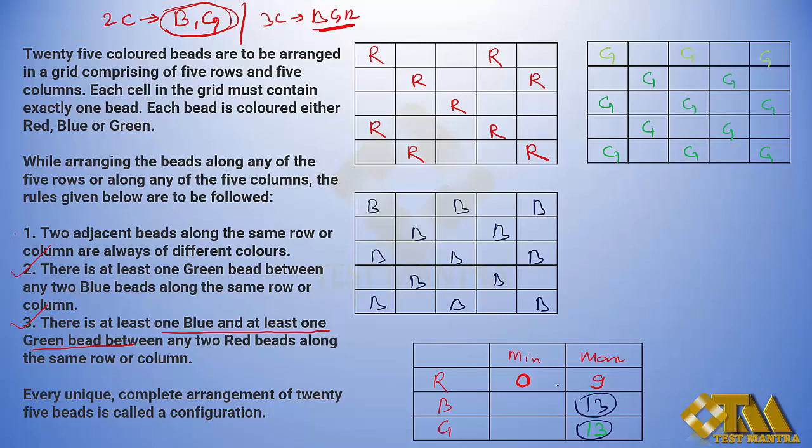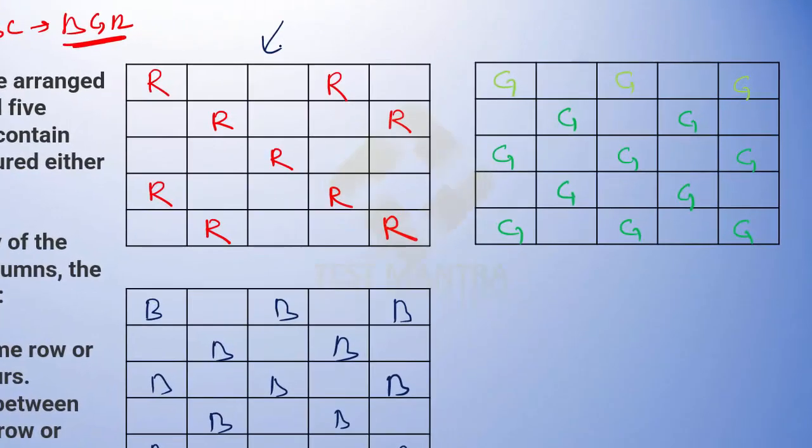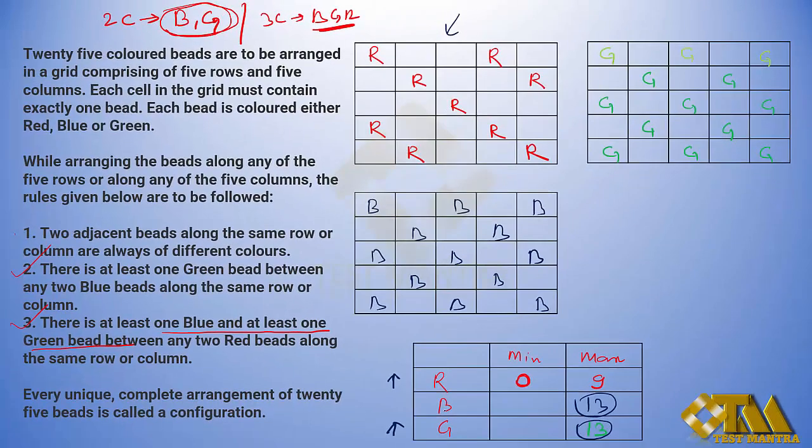But suppose I want to minimize my number of blues. That means I have to maximize my number of reds as well as the number of greens. So I'll be dealing with this situation here, because I have to maximize my number of reds. I want to minimize my number of blues, so let's try to maximize my number of greens.